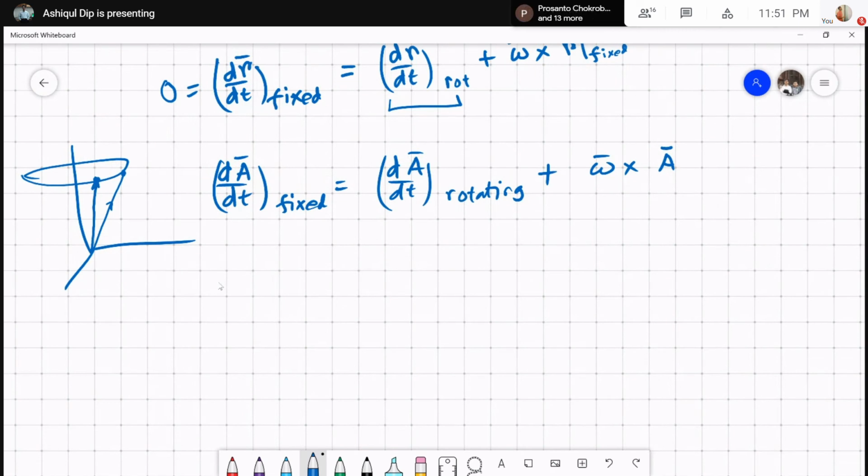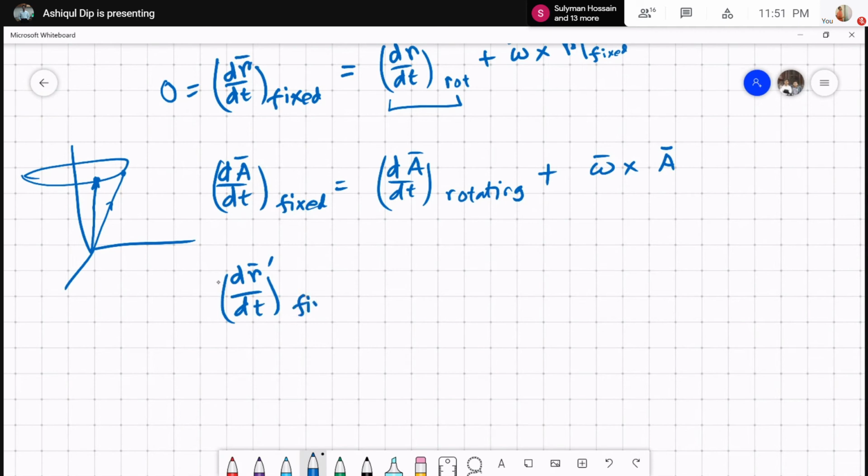Okay, now we are almost done. So we can take our derivative of that dr prime over dt fixed that we had written earlier.